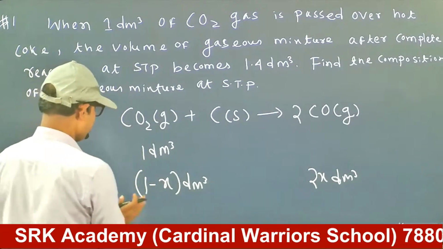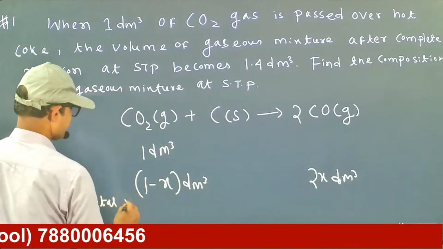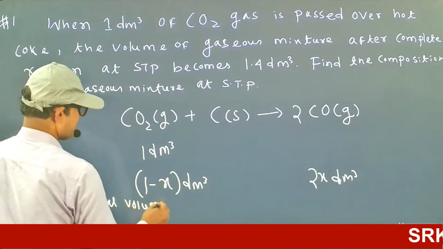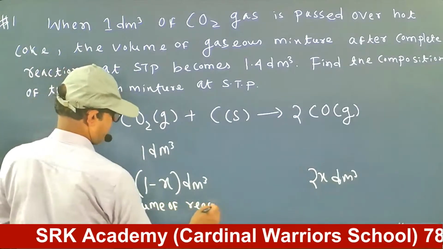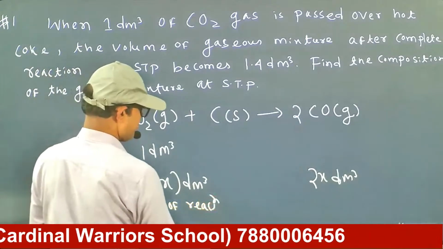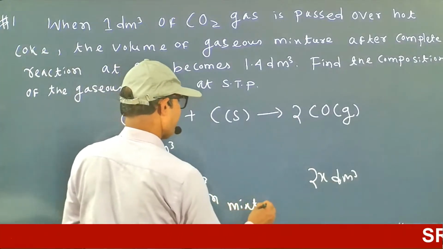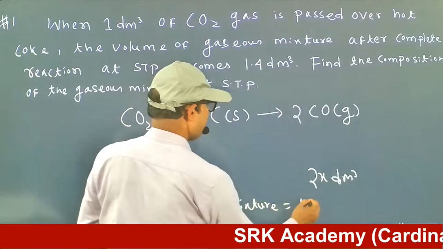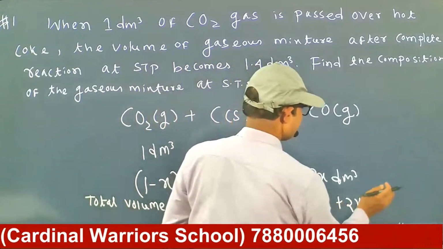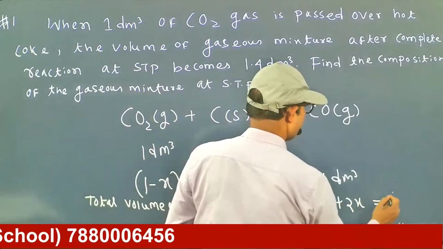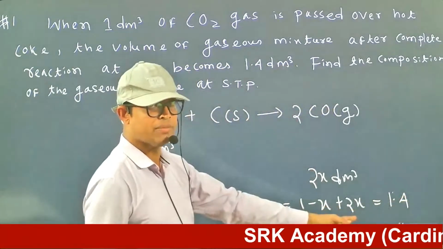Total volume of reaction mixture is 1 minus x plus 2x, and that is equal to the given 1.4 decimeter cube.